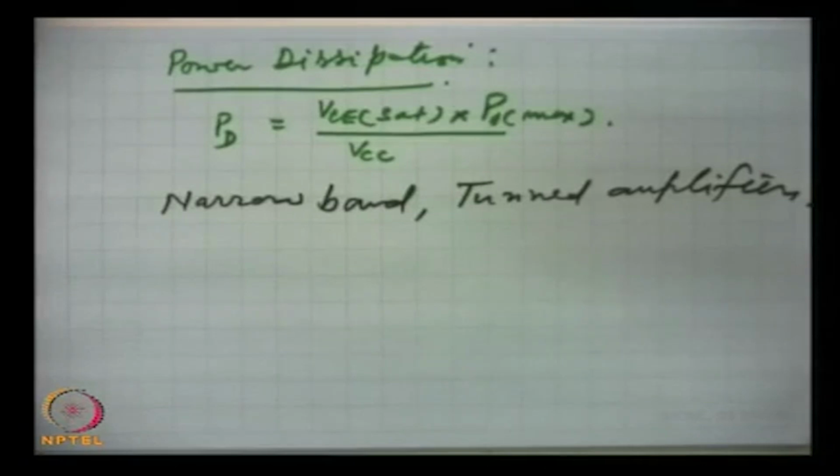The efficiencies we have seen are close to 95%, which is very high, and that is why they are very efficient circuits, and the power dissipation is also very low.